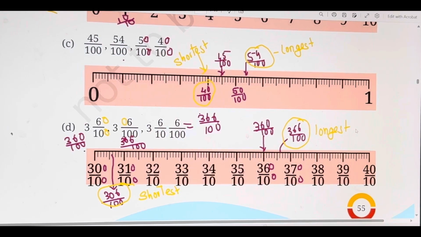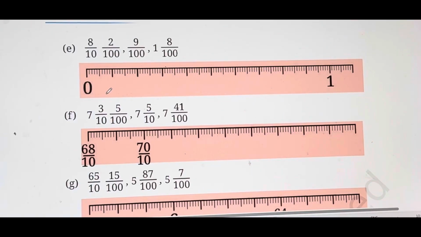Okay. Question number E. Here there are three numbers. One is 8 upon 10, 2 upon 100. This is together. Just see the comma over here, so don't make that mistake. So this can be written as 82 upon 100. Remember the other way of writing this: 8 upon 10, 2 upon 100 means 82 upon 100th.